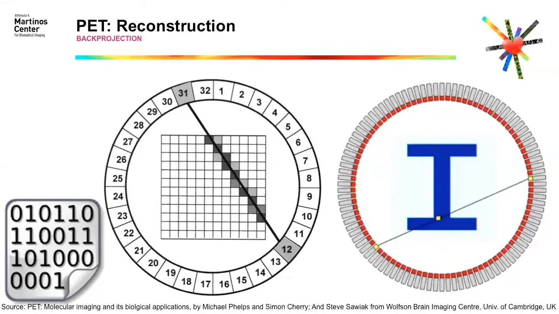So instead of assigning exactly the same value to every voxel that crosses that line of response coming from this positron annihilation with an electron, I'm going to be assigning the value relative to how much of that voxel area the line is crossing. So for instance, this voxel here is crossing only through one of the corners, so it's a very little area that is crossing. I will color it with little gray.